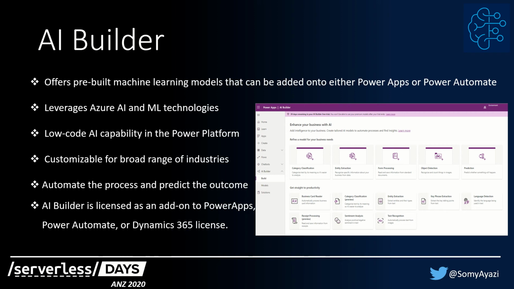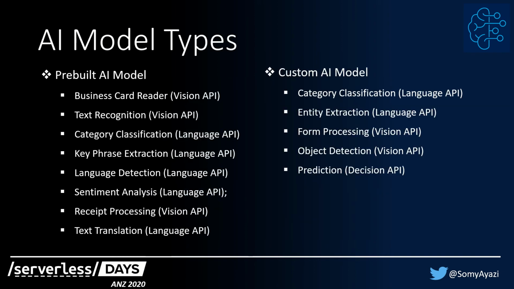It will help you to automate your process, and it will help you to predict the outcome. As it relies on machine learning technologies, it has some predefined models that you can use, and you can get the outcome based on your business need. There are different types of AI models, and as I mentioned, it relies on Azure Cognitive Services and artificial intelligence.